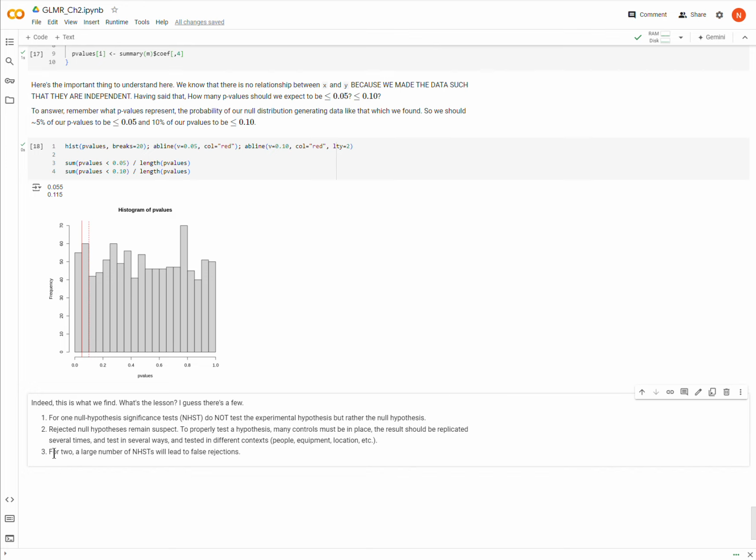I accidentally put 4.2 here, but number 3 is that if we run a large number of null hypothesis significance tests, we will get false null hypothesis rejections. In other words, we are going to be embracing many incorrect hypotheses. How many? About 5 to 10%, under ideal circumstances, depending on what your level of significance is.